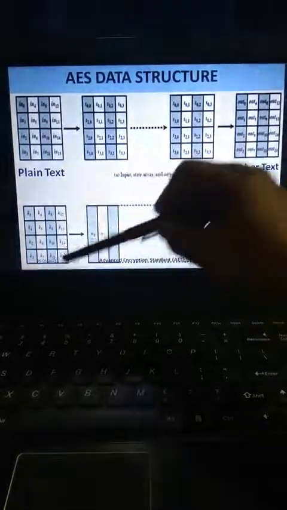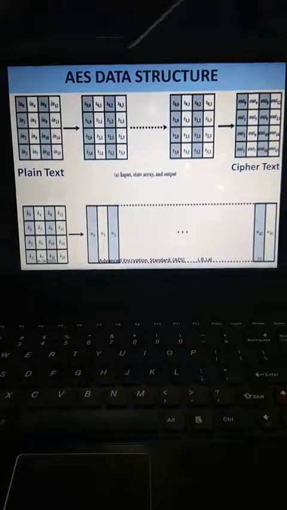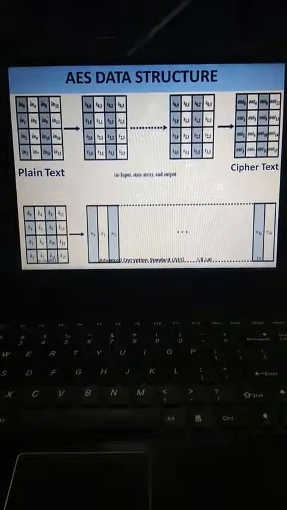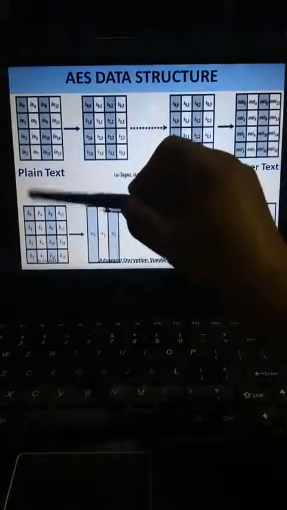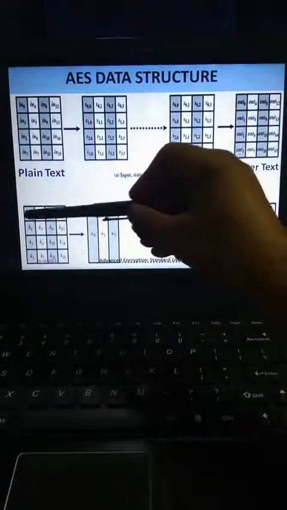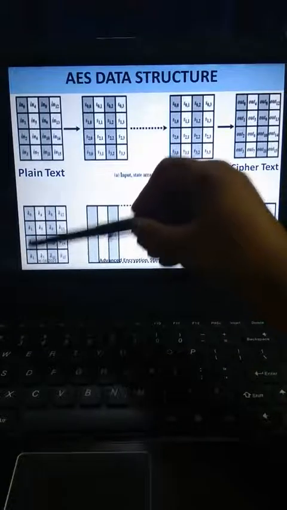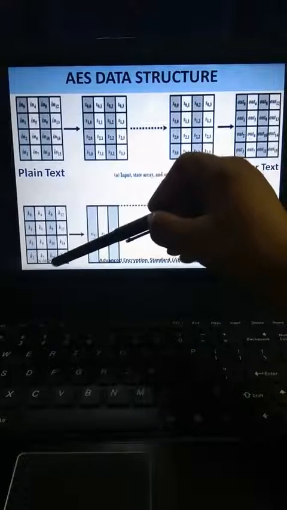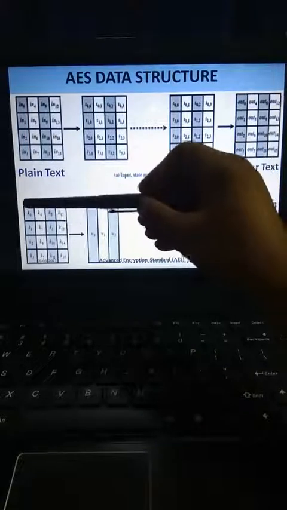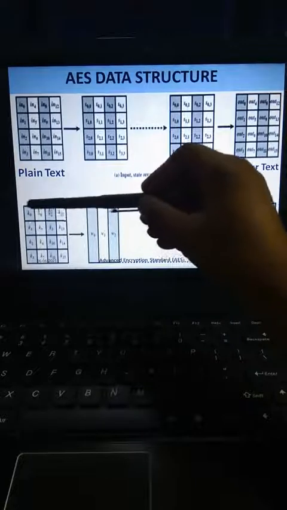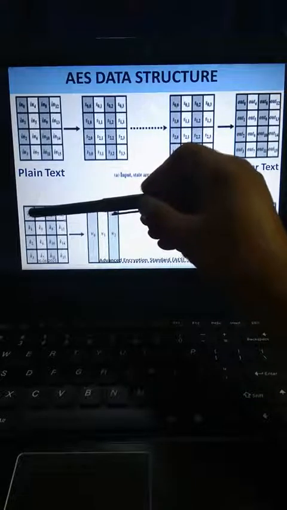Now this is the representation of the key. The key is of 128 bits like the plain text. So the key is also represented in a 4 into 4 matrix. This is K0, K1, K2, K3, K4, K5, K6, K7, K8, K9, K10, K11, and so on. Again, the intersection of row and column, that is called a cell, contains 1 byte, that is 8 bits.